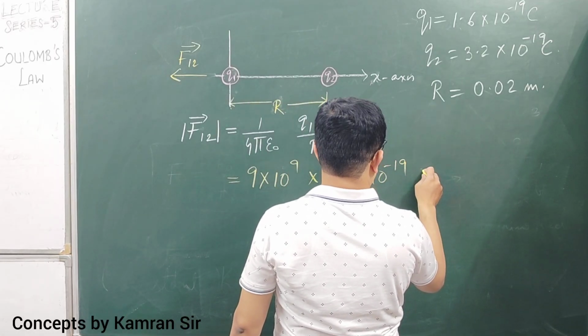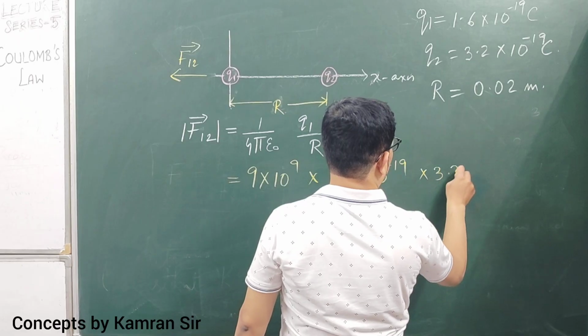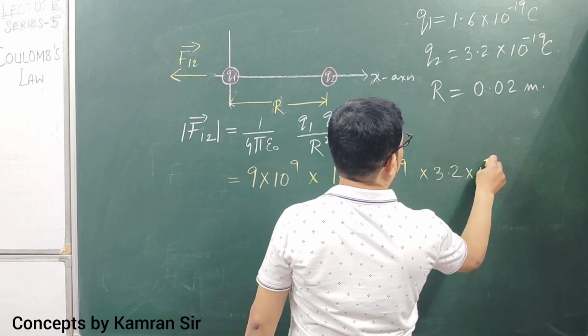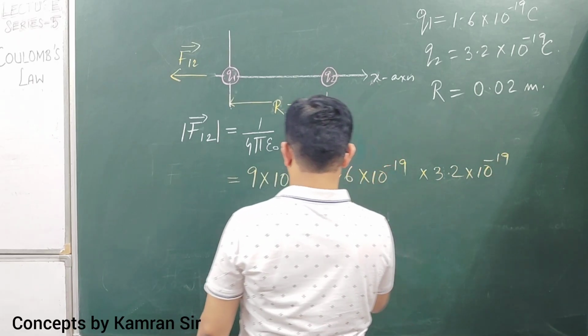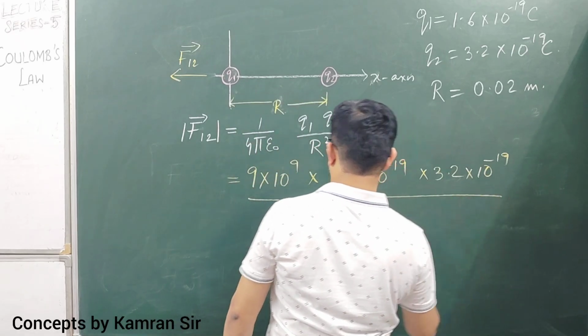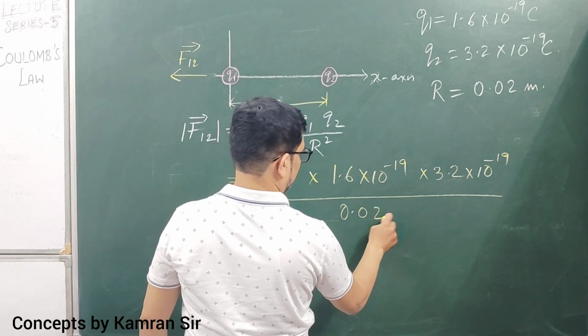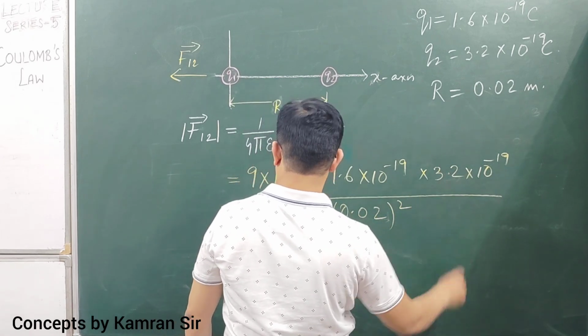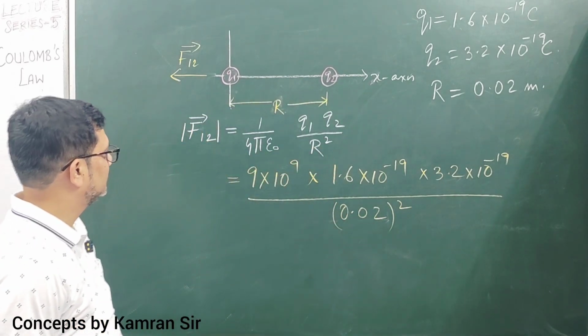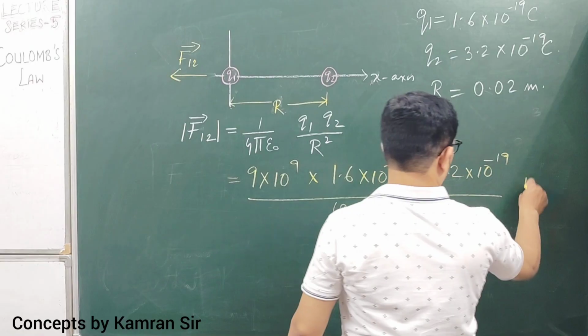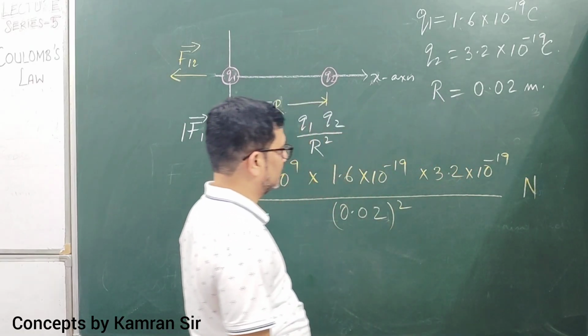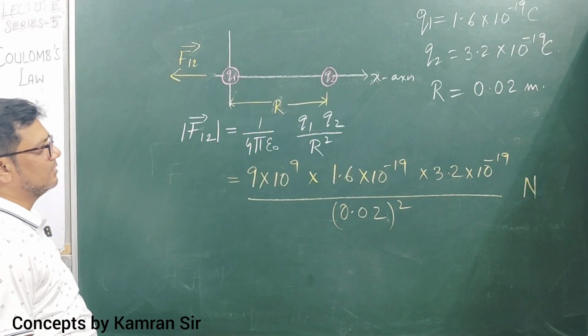This is multiplied by 3.2 times 10 raised to the power minus 19 coulombs, and then divided by 0.02 whole squared. This is the magnitude of the force, so whatever force would come, it will be in newtons. All those are SI units.